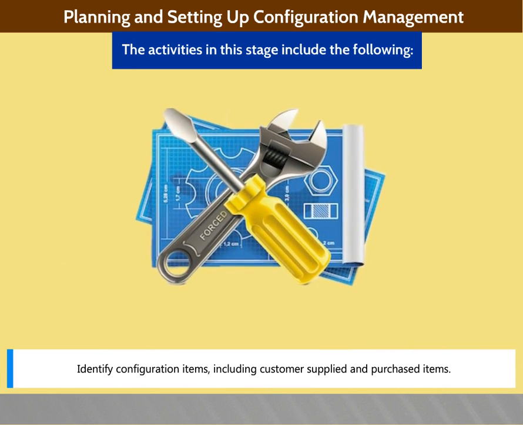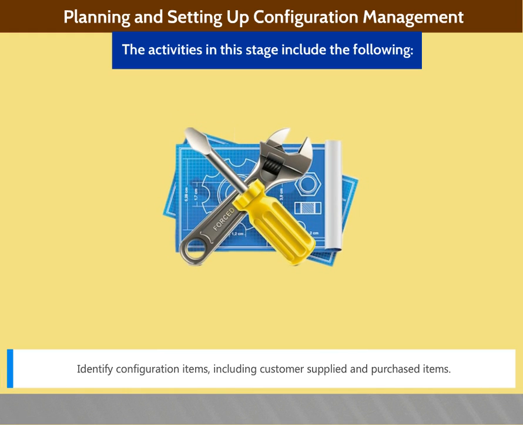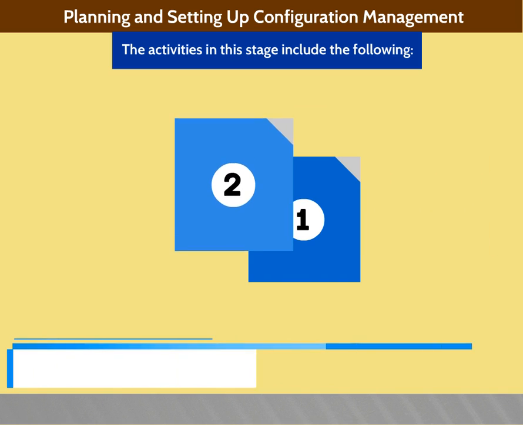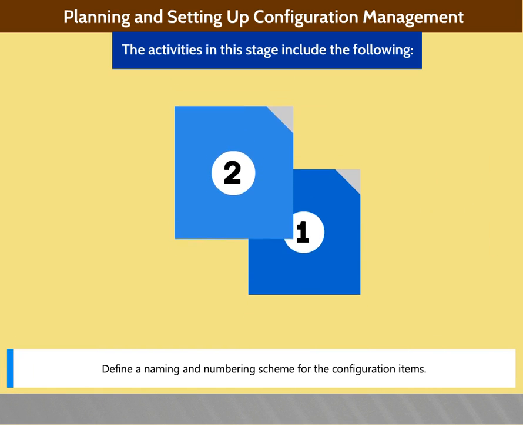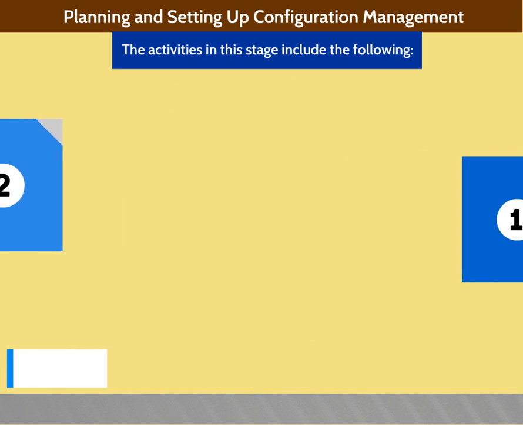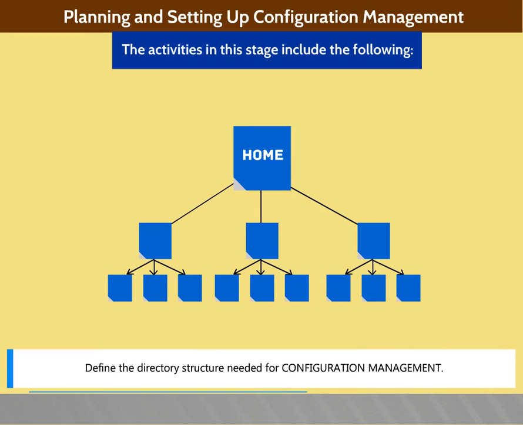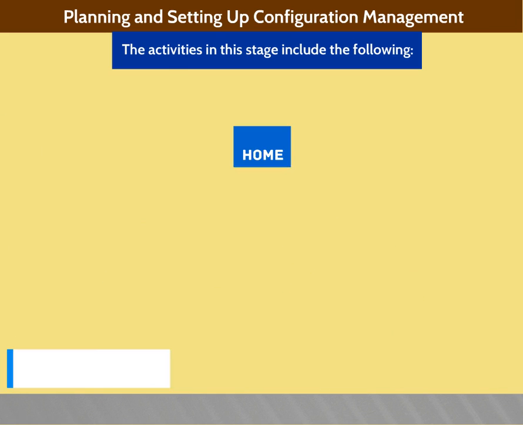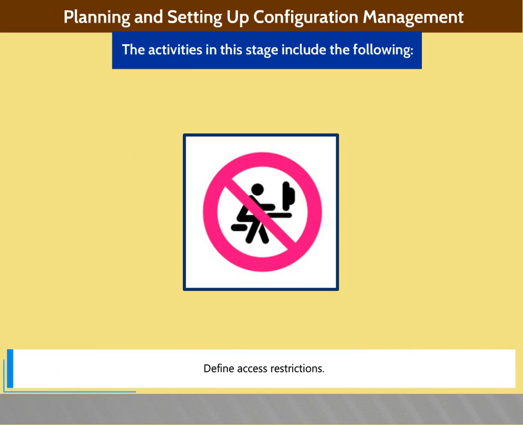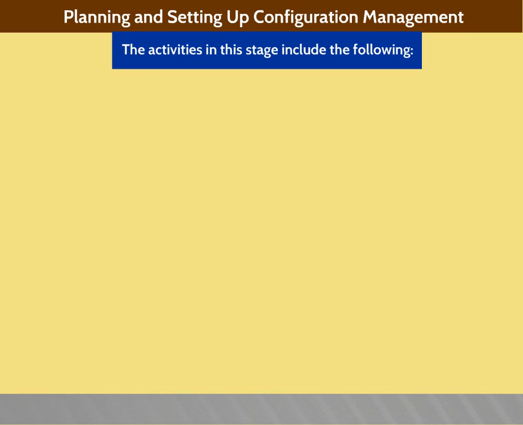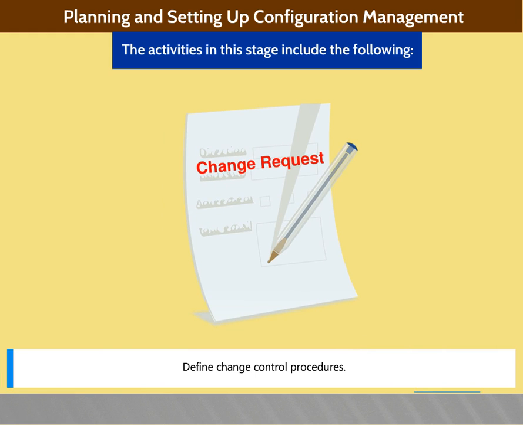Identify configuration items, including customer supplied and purchased items. Define a naming and numbering scheme for the configuration items. Define the directory structure needed for CM. Define access restrictions. Define change control procedures.